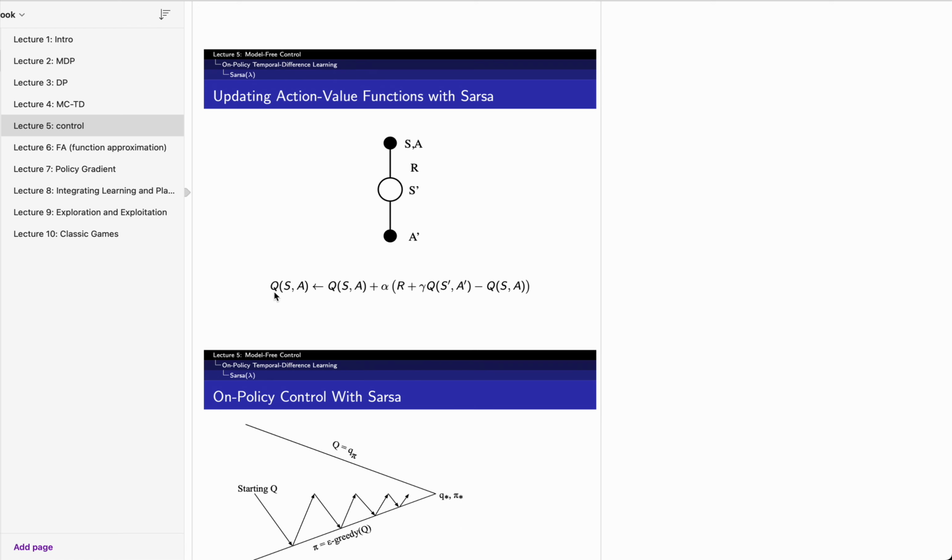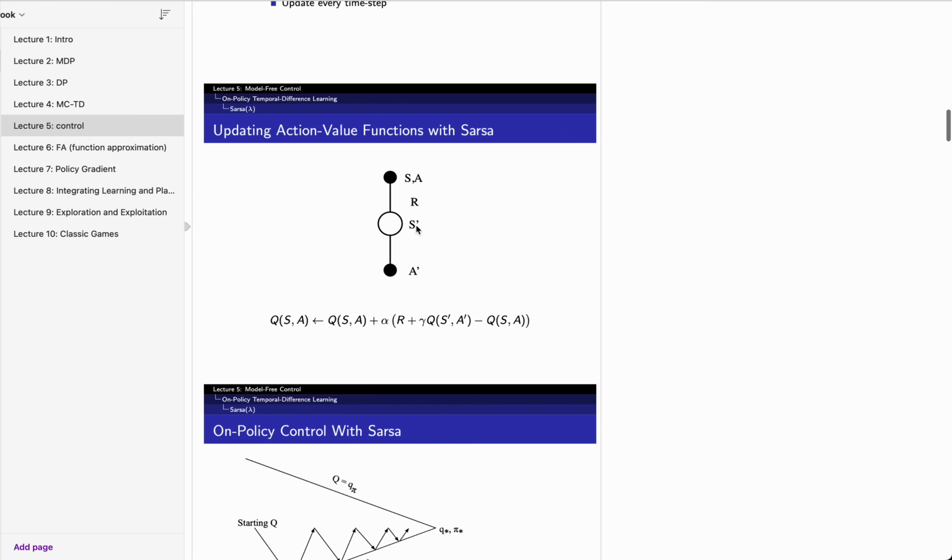Again, the action value function Q(S,A) would be updated after reaching state S' and taking action A', by updating Q with the TD target: R plus lambda times Q(S',A'), times the learning rate alpha.